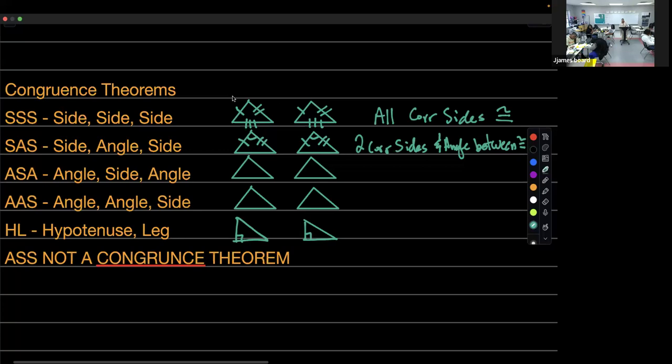So that said, what do you think angle, side, angle is? If you see side, angle, side, is this like the opposite? Angle, side, angle? So what would it be?